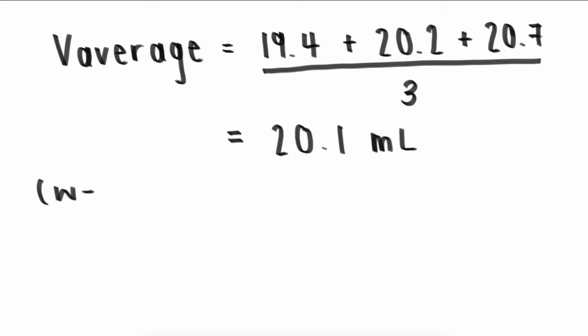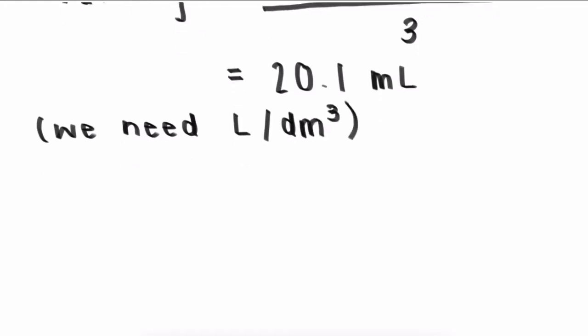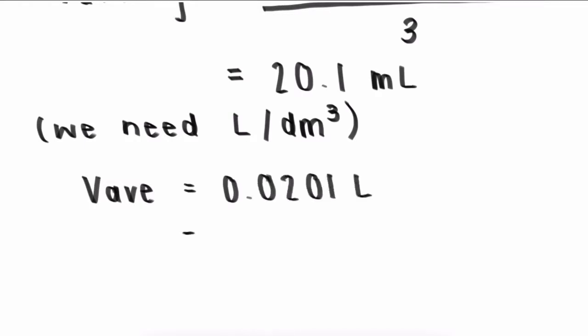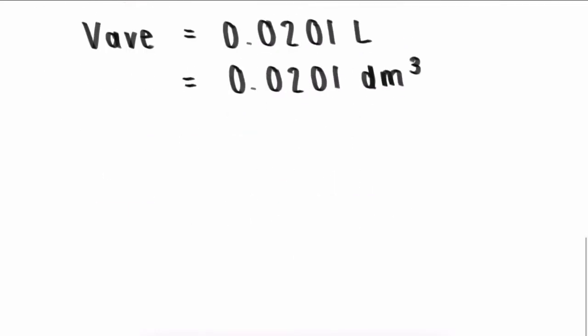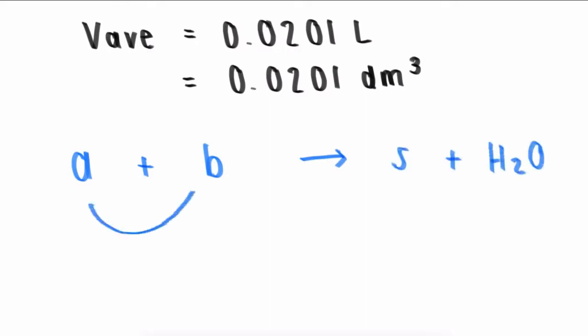But to solve for the concentration in moles per liter or moles per decimeter cubed, we need to convert this volume to decimeters cubed or liters, which are essentially the same thing. This equates to 0.0201 decimeters cubed or liters. The acid and the base are related by their molar or stoichiometric ratios.